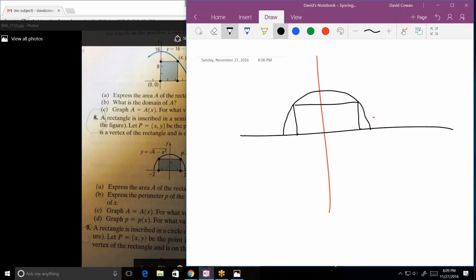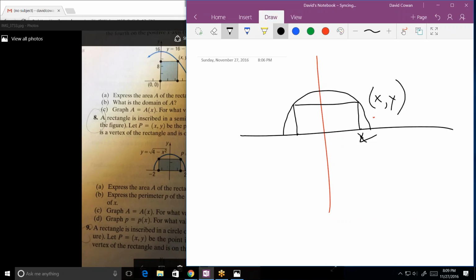What's this measurement right here, where my check mark is? What's the x-coordinate of that? It's x. That's why it's hard to understand, because it's not a number, it's x. What's the y-coordinate? Just y?